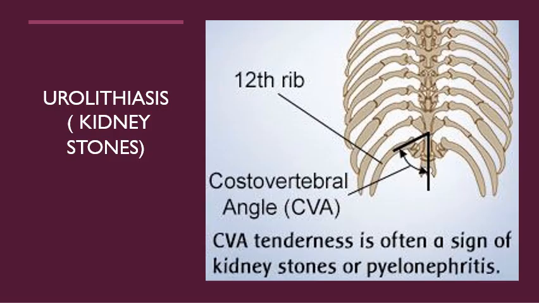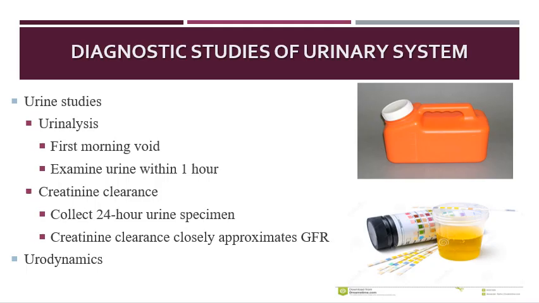Your other hand, do a fist. And then you can tap your fist to the back of the hand that's against the lower back. If they jump or they say that there is pain, that is a sign of kidney stones or some kind of inflammation or a blockage.